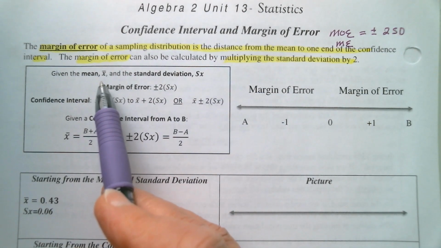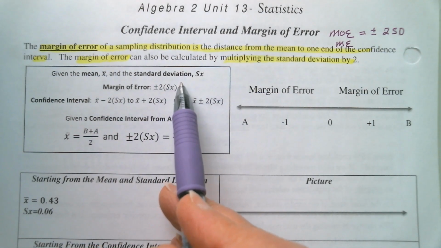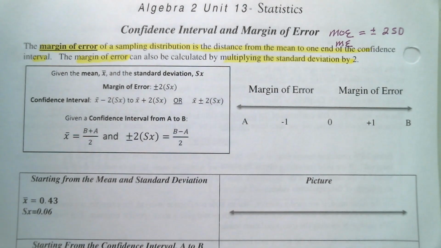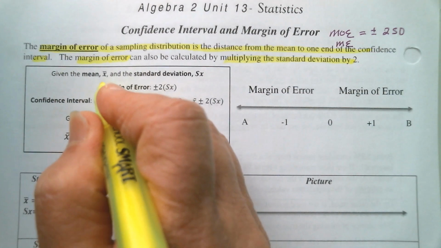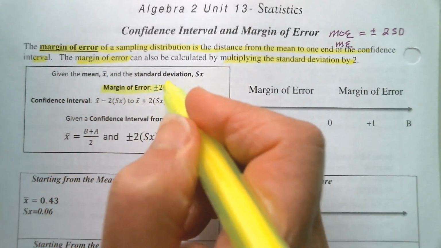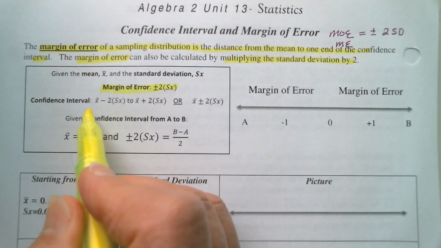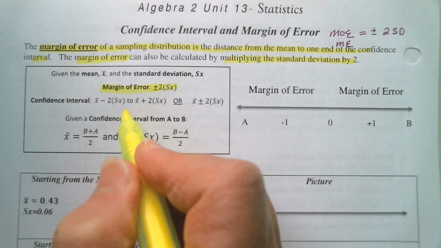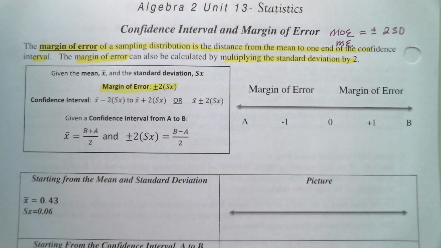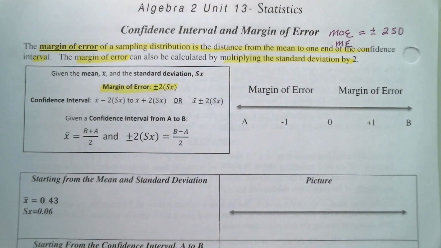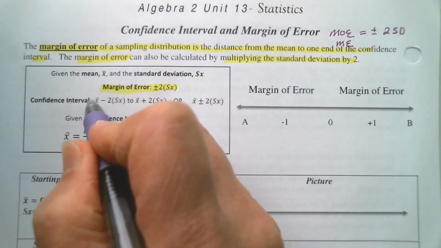So given the mean, x bar, and the standard deviation, s_x, the margin of error is plus or minus 2 times the standard deviation. And the confidence interval is the mean minus 2 standard deviations to the mean plus 2 standard deviations, or what we've also seen, the mean plus or minus 2 standard deviations.